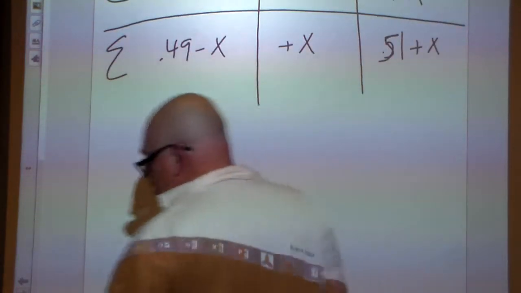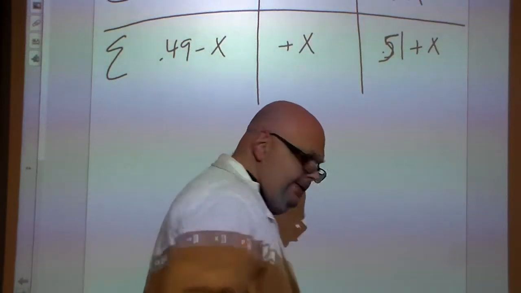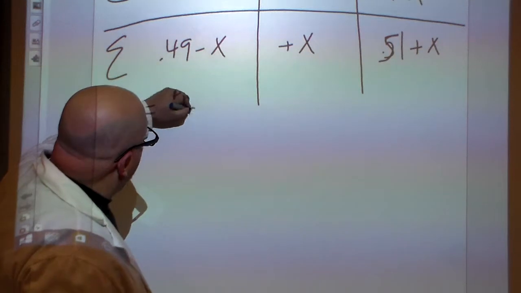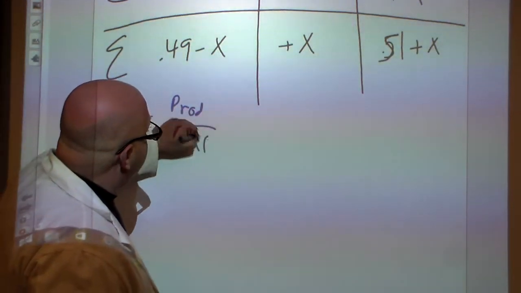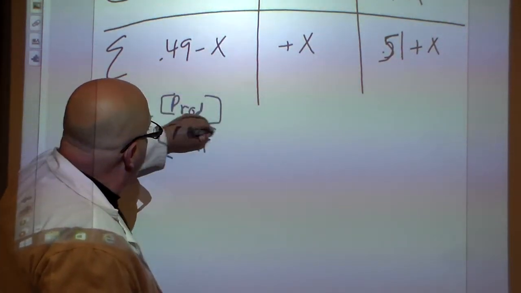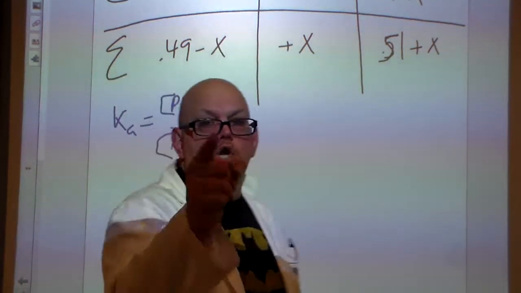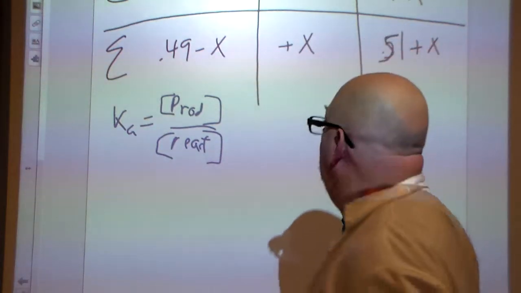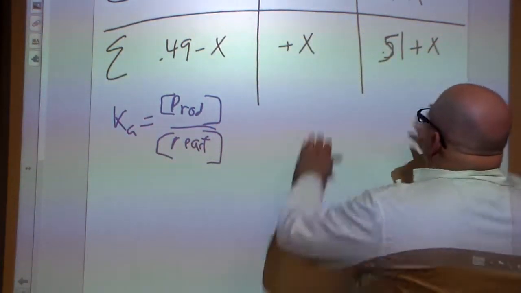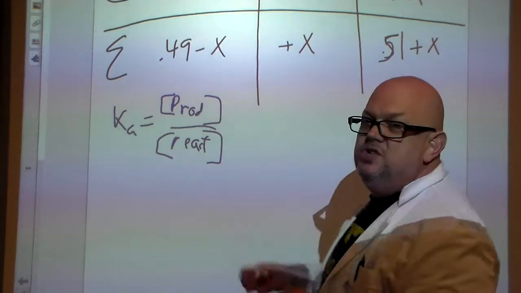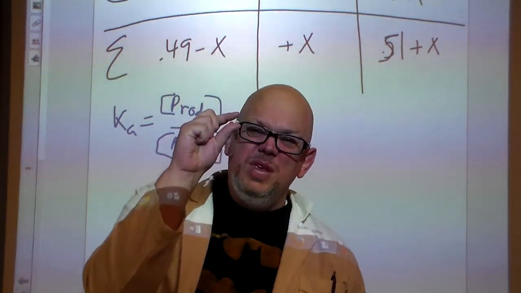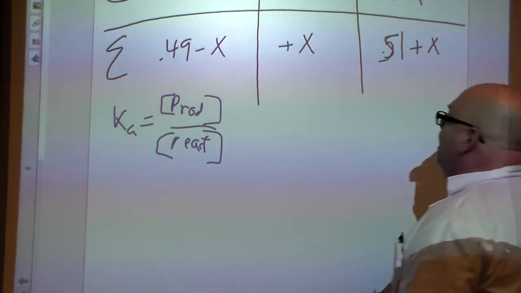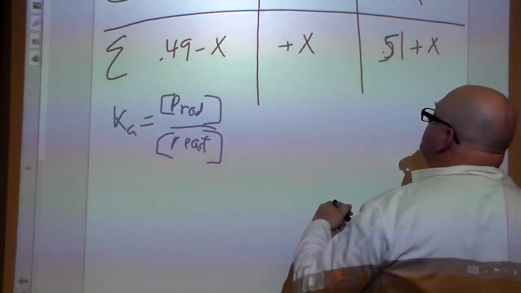Now again, remember that Ka equals the products over the reactants. We're going to do the same thing again. We're going to assume X to be really tiny, kind of like the fiscal responsibility of Congress. Very little responsibility.